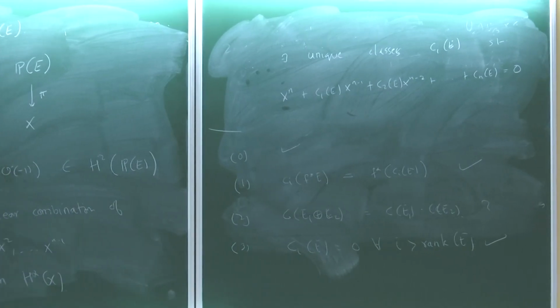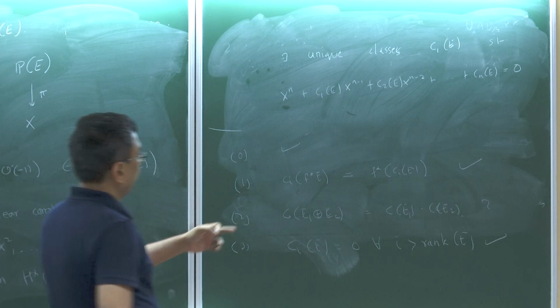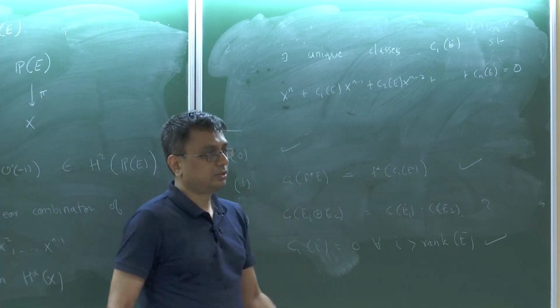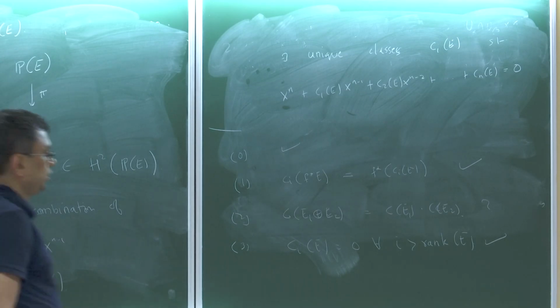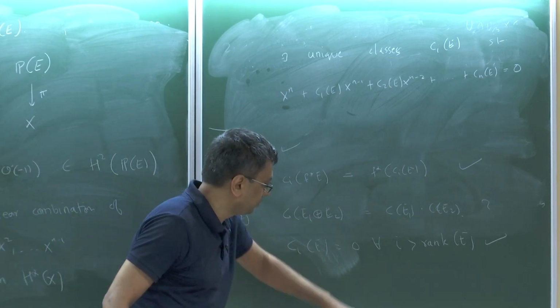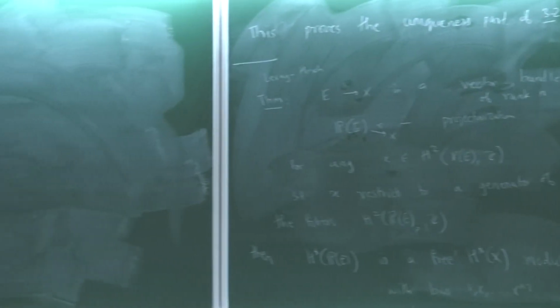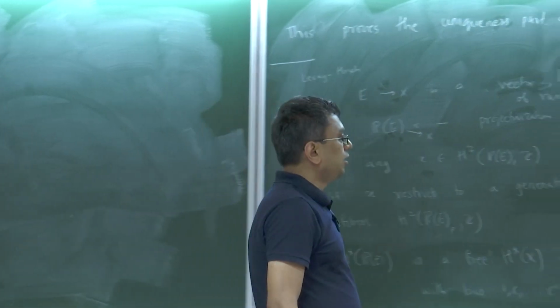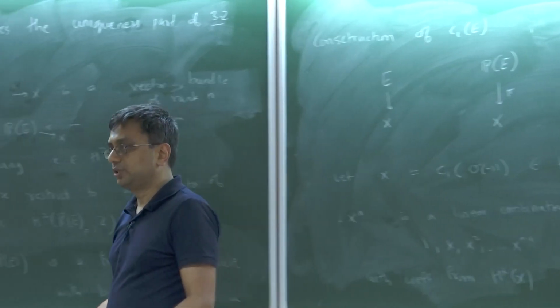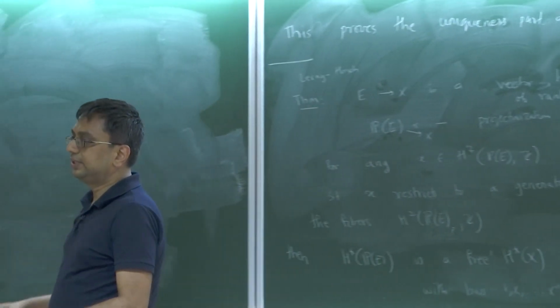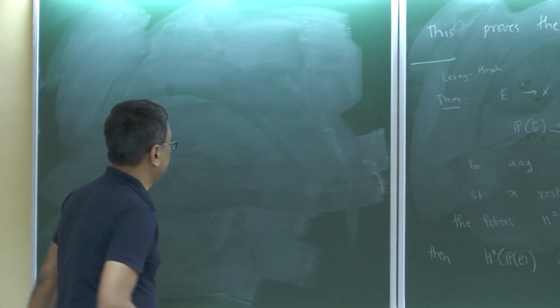We started with that. So we only have to observe this, that C of E1 direct sum E2 is the product of the Chern classes. The total Chern class of the direct sum is the product of the total Chern classes. So that is what we have to observe. So what we need now is to actually look at how the projectivization of E1 and the projectivization of E2 sit inside the projectivization of E1 direct sum E2.